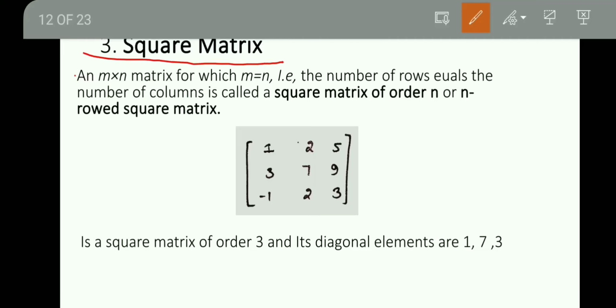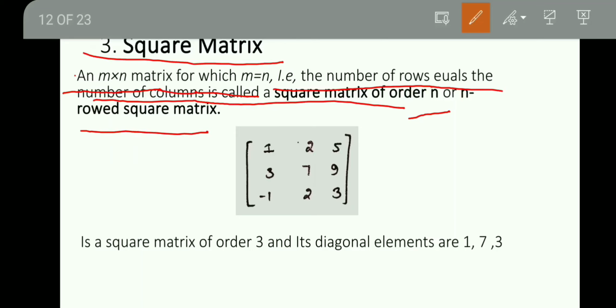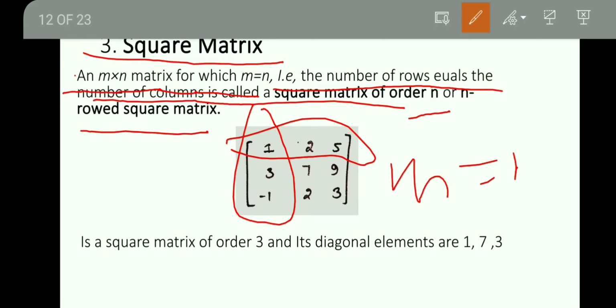The square matrix. An m by n matrix in which m is equal to n, that is, the number of rows equals the number of columns, is called a square matrix of order n or n-rowed square matrix. That is, the rows and the columns are equal; the rows equal to columns.